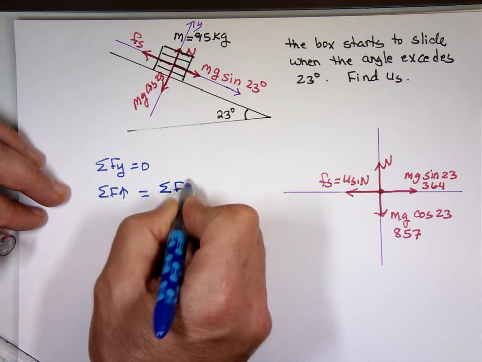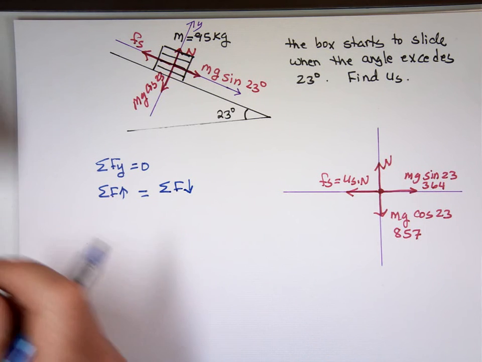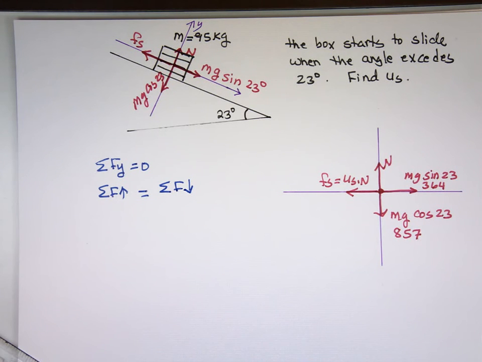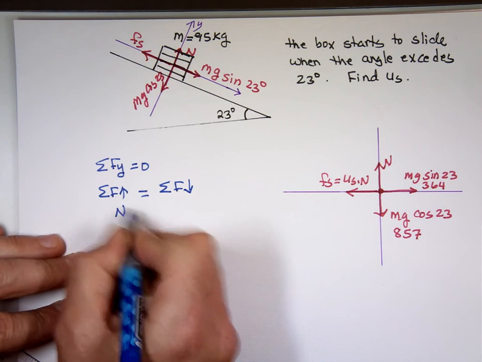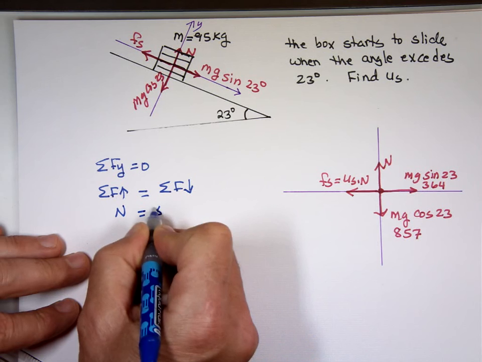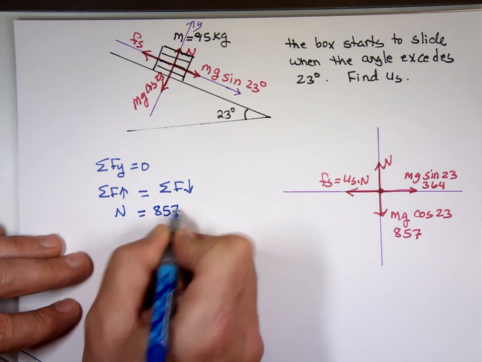What do we have pointing upward? N. And what do we have pointing down? 857. That tells me what the normal force is.